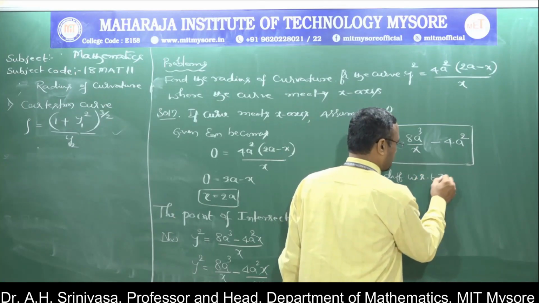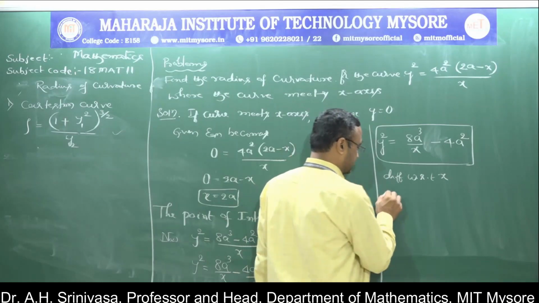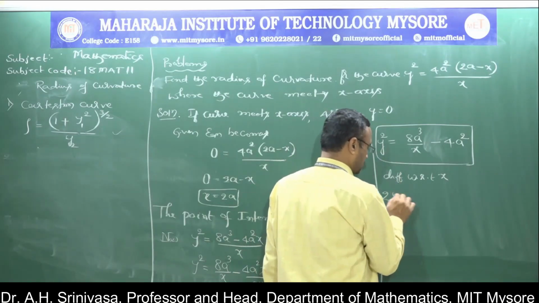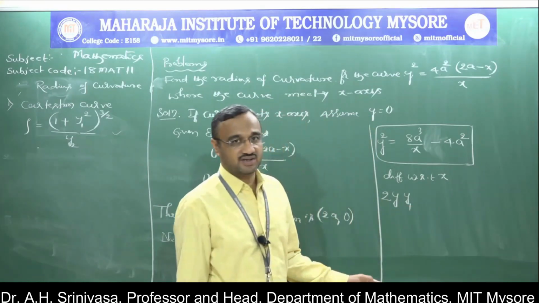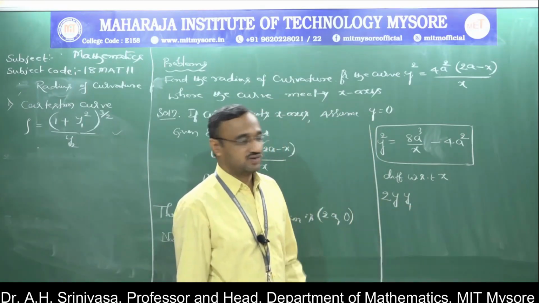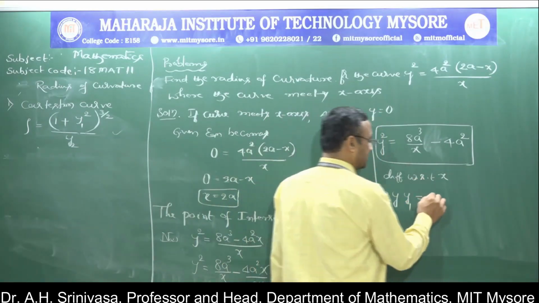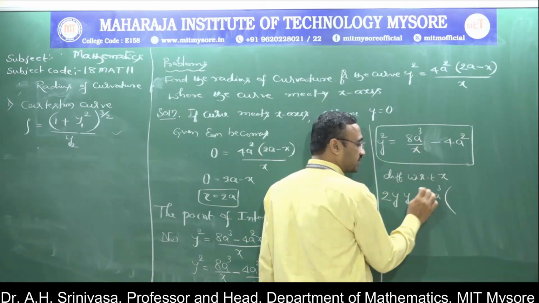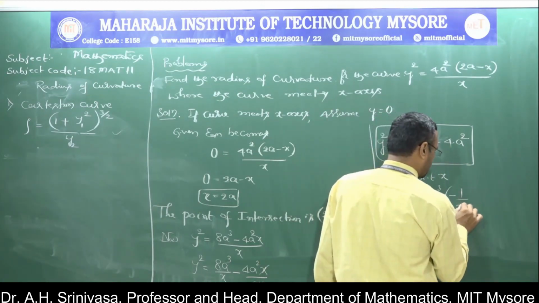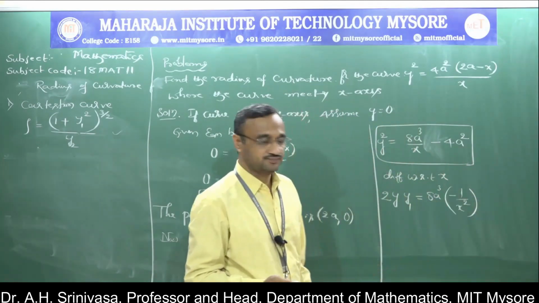with respect to x. If you differentiate this one with respect to x, it is 2y into y1. The derivative, we write down the derivative dy by dx as y1, should be equal to 8a cube is a constant. The differentiation of 1 by x with respect to x, this becomes minus 1 by x square. It is a constant function, they become 0.